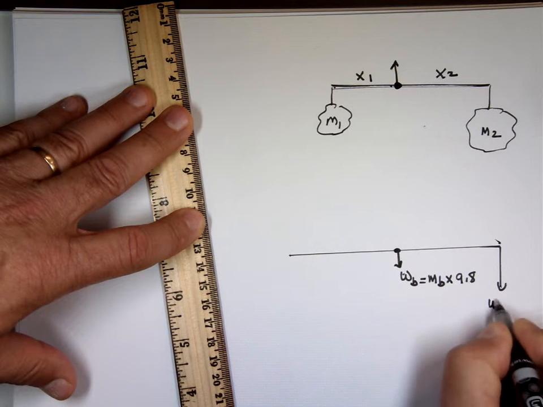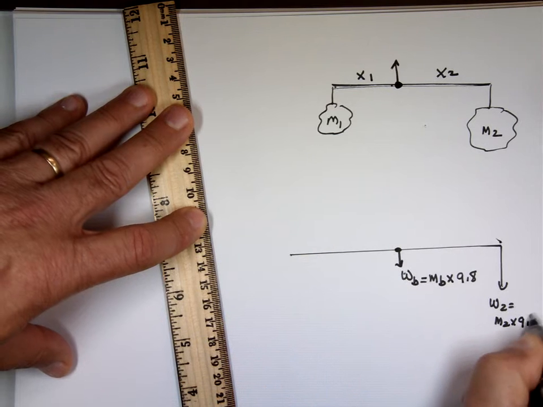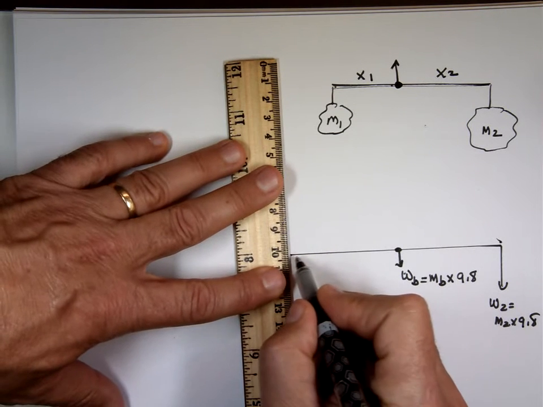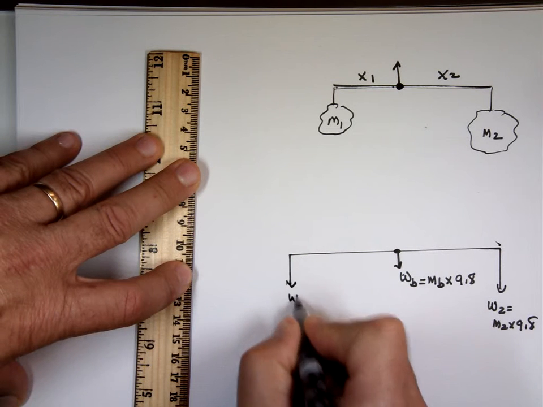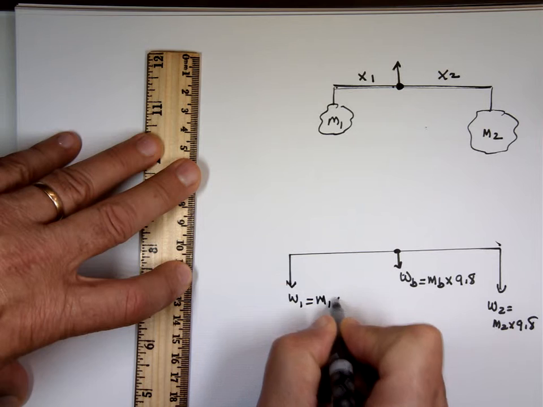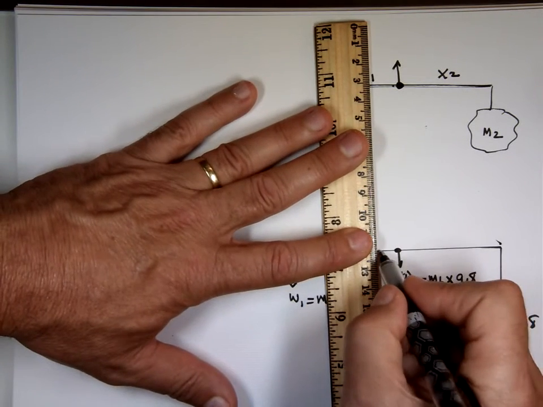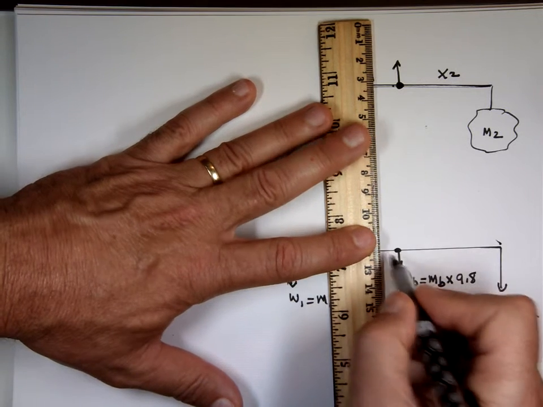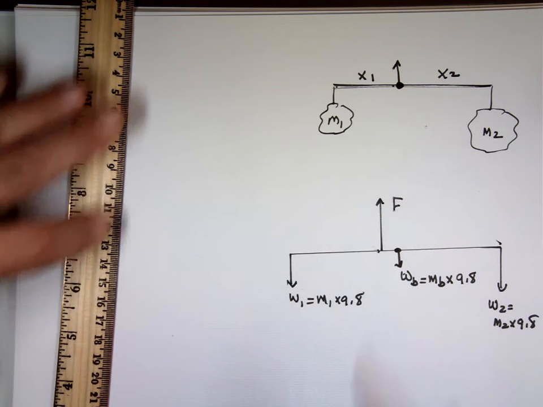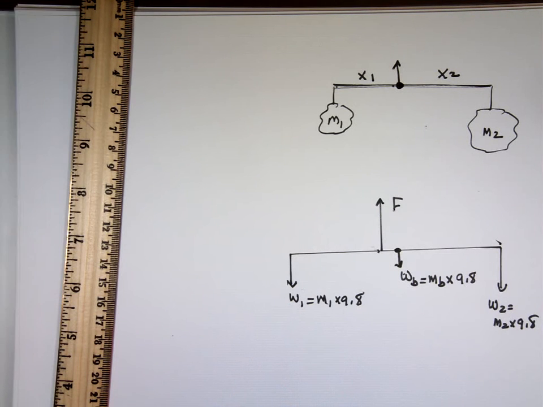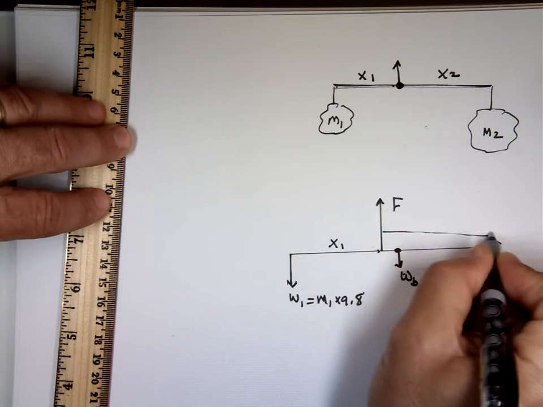We'll call it weight 2, which is M2, mass 2 times 9.8. We got weight 1 here, which is mass 1 times 9.8. And we got your finger or the string, whatever is holding that here, F, for a finger, holding it. You're holding the scale like this in your hand. And this is x of 1, and this is x of 2.